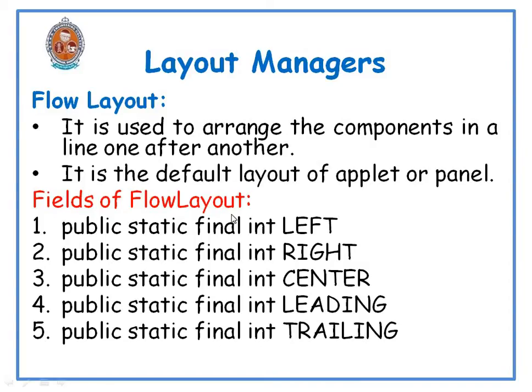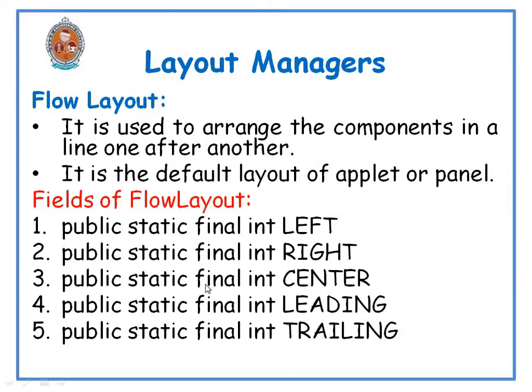Coming to the fields of flow layout. In order to arrange the components in a particular place, we need to use the following 5 fields. First one is public static final int left. That means this constant is used to arrange the component from the left. In order to arrange the components from the right, we need to use the constant right.